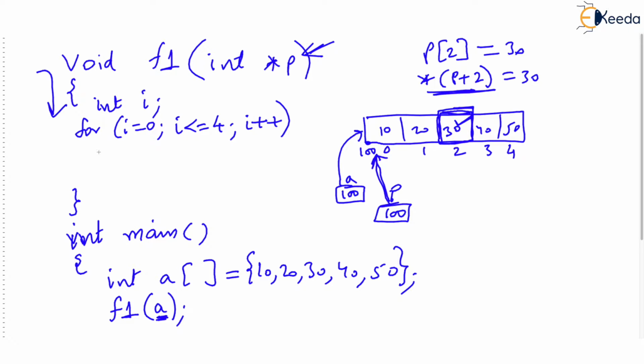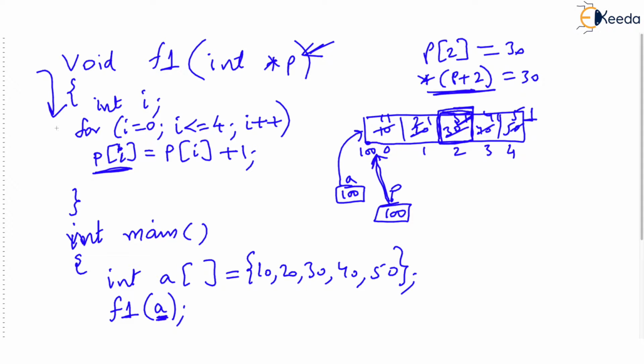And if I say P[i] = P[i] + 1, then each element of this array, P[0], P[1], P[2] up to P[4], will be increased by 1. So these values will become 11, 21, 31, 41 and 51. Look how the function has got access to the complete array.